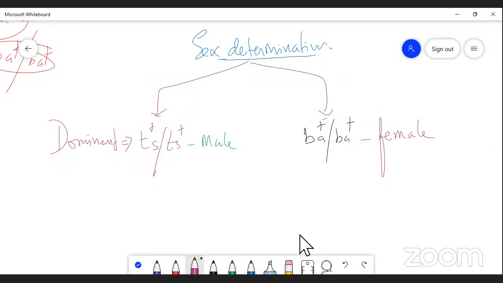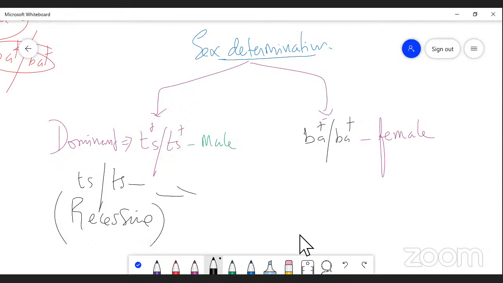Instead of the dominant allele, when we take a recessive condition, TS and TS, it makes a staminate flower which is undeveloped.